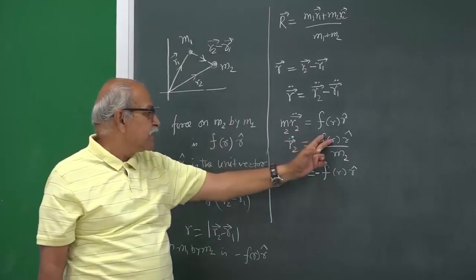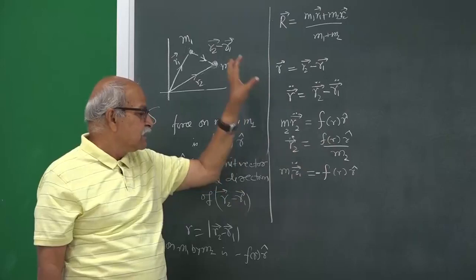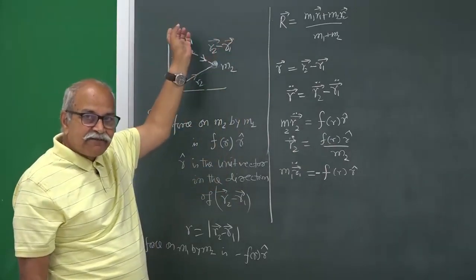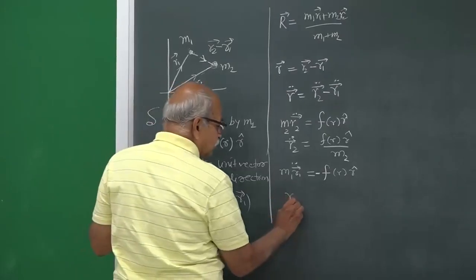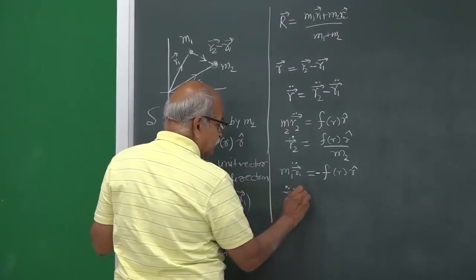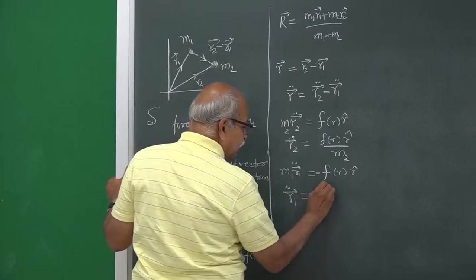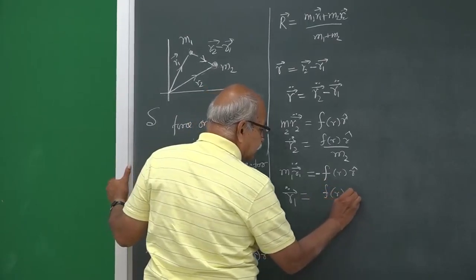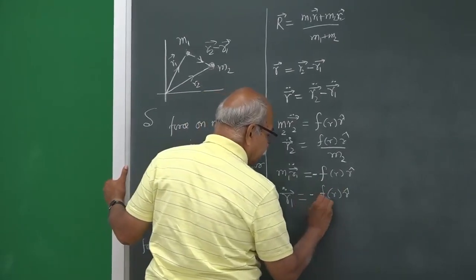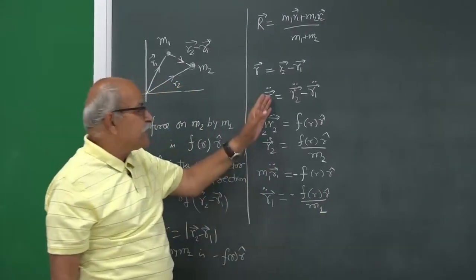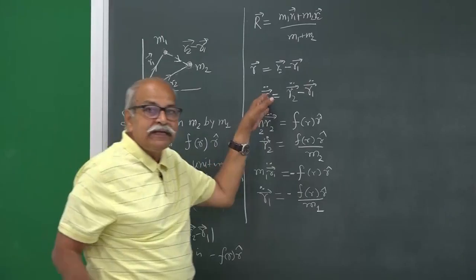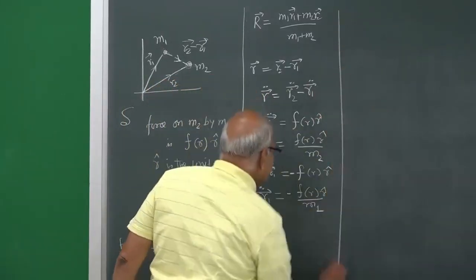Of course, this Fr can be positive or negative, depending on whether it is attractive or repulsive. So, r1 double dot is equal to minus Fr r cap divided by m1. Put it here, what do you get?